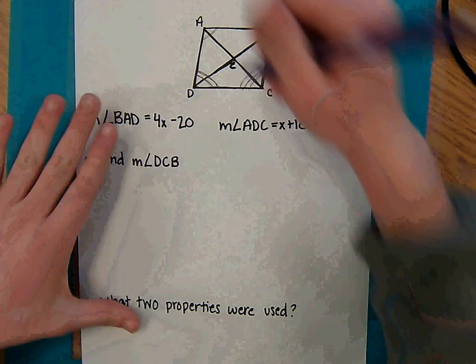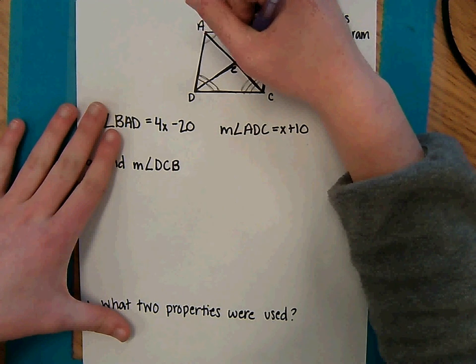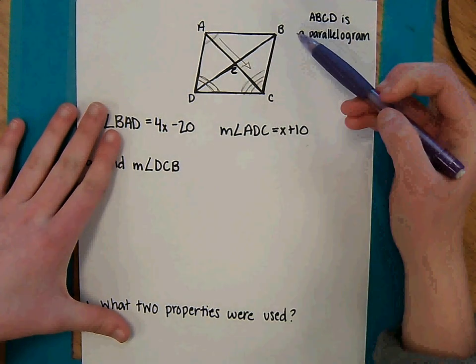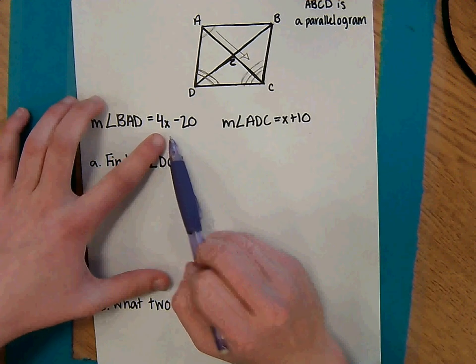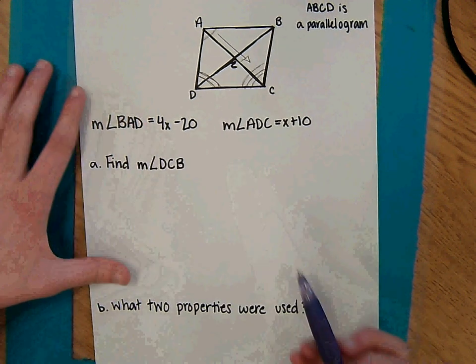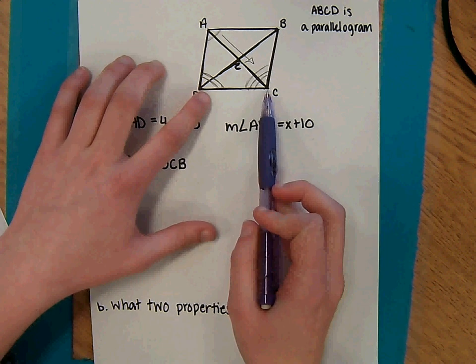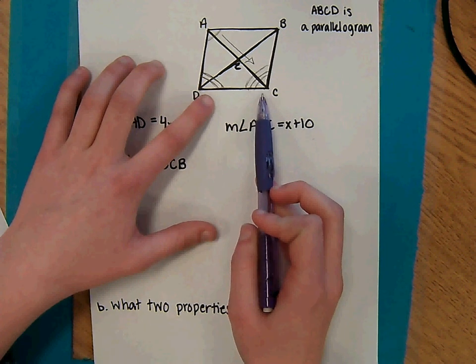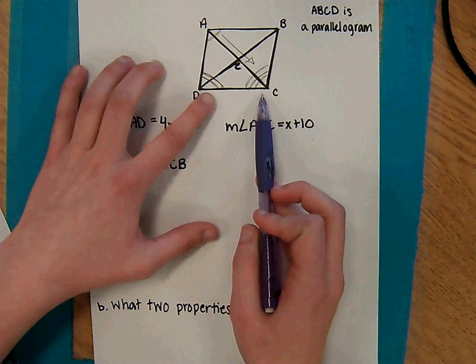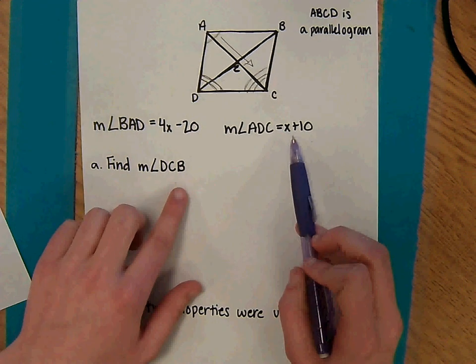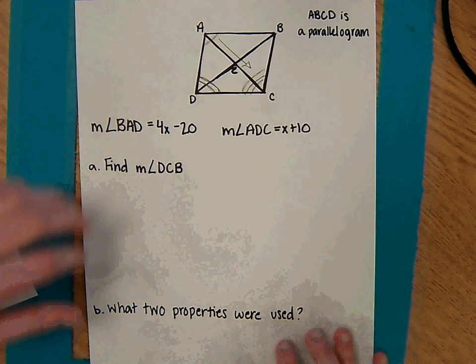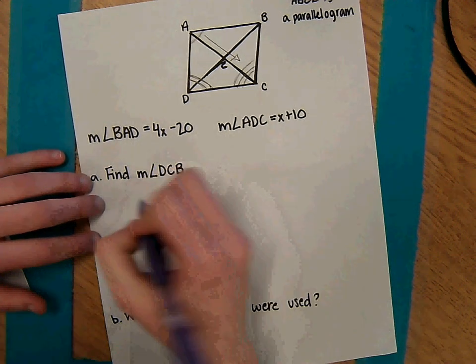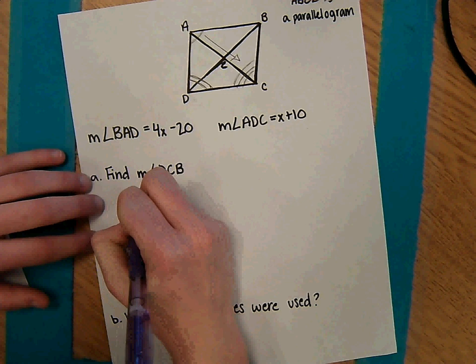If angle BAD is congruent to angle DCB, we can just use what they gave us as BAD for this angle. And since these two are side-by-side and consecutive, they equal 180 degrees. So we're going to add both of these together and then set it equal to 180.